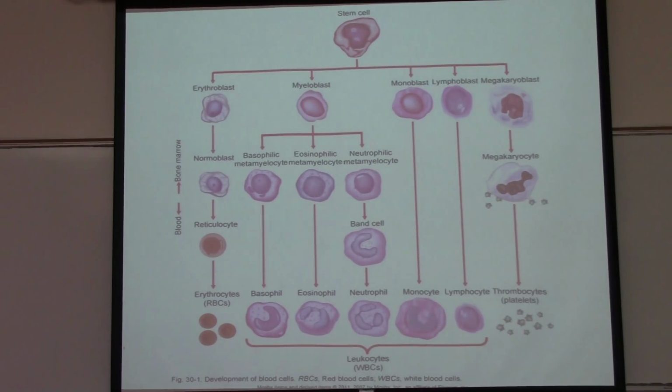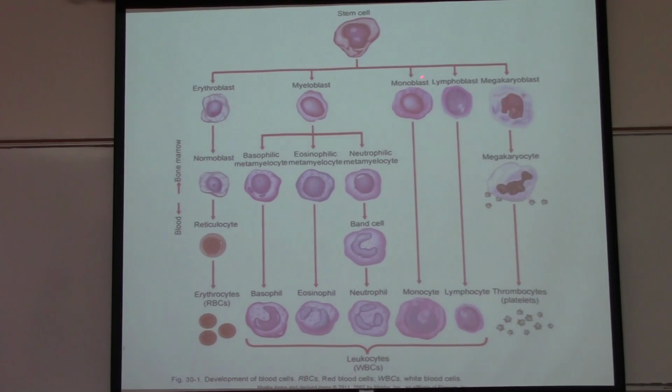If you consider how red blood cells mature, how cells in general mature, it starts at the bone marrow with a stem cell. The stem cell can differentiate into an erythroblast, a myeloblast, a monolymphoblast, or a megakaryoblast.